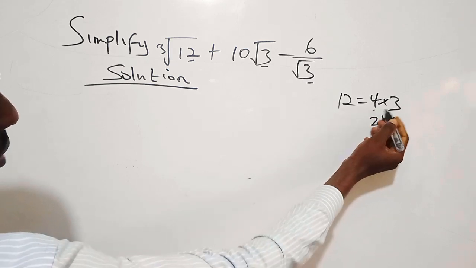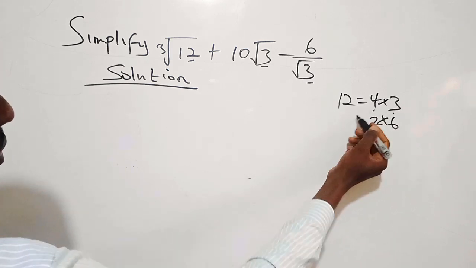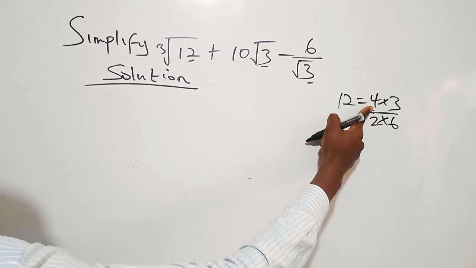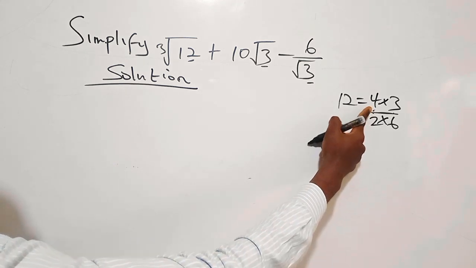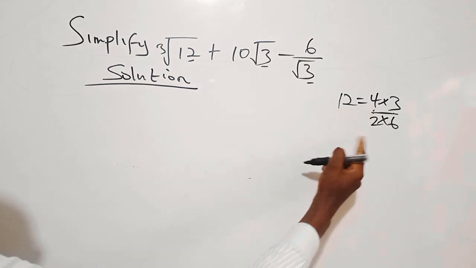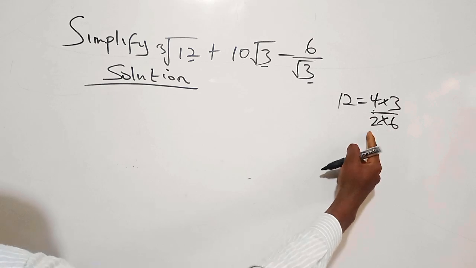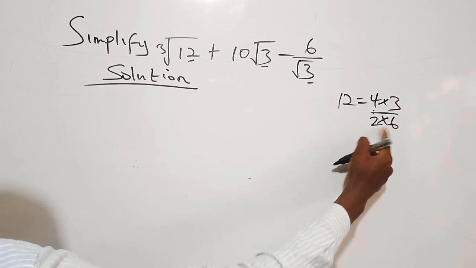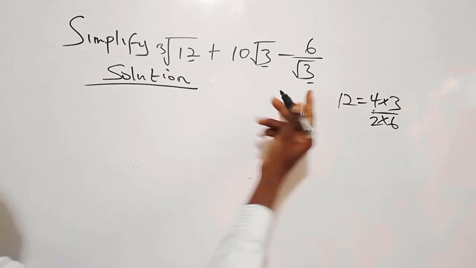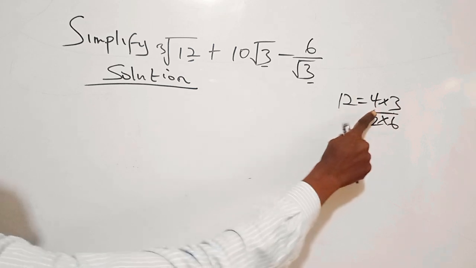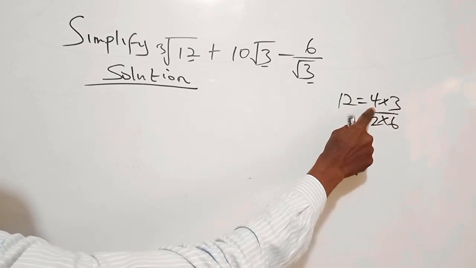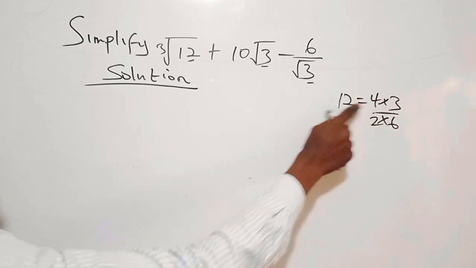But when you look at 4 and 3, I can easily find the square root of 4. You can't pick 2 and 6 because you can't find the square root of either. So the factors you bring on board must be such that you can find the square root of one of the numbers.